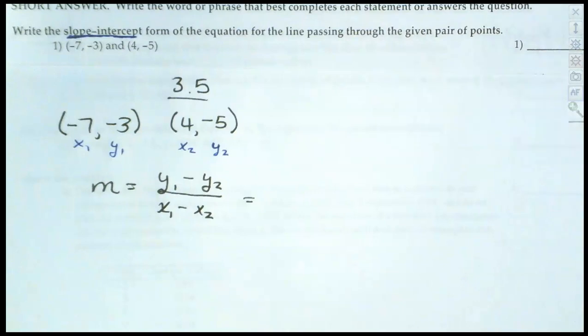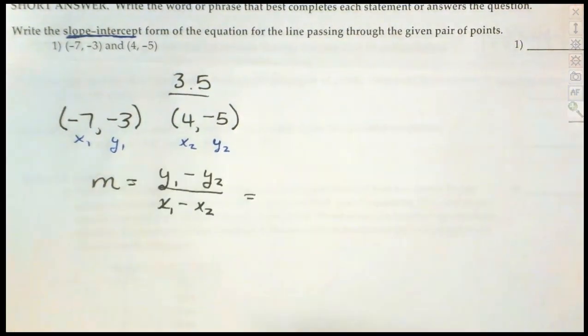And we've got to watch out and be very careful with double negatives if we have any. So I always write it out, and then I cancel my negatives after that. So y's go on the top. A lot of times students get them mixed up. Because you think x goes first, x goes on the top. It is not. Y goes on the top because that's your rise. Again, be careful with the double negatives.